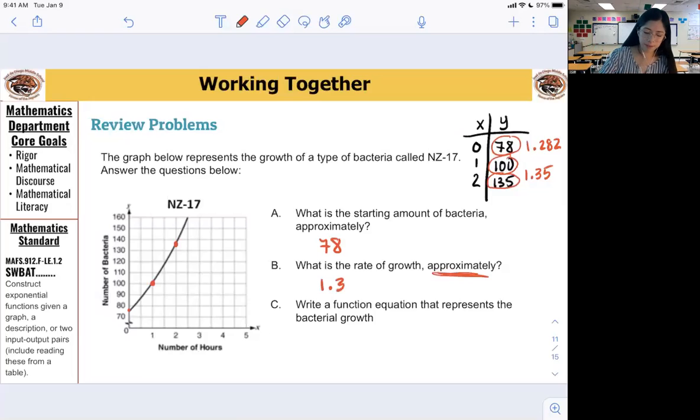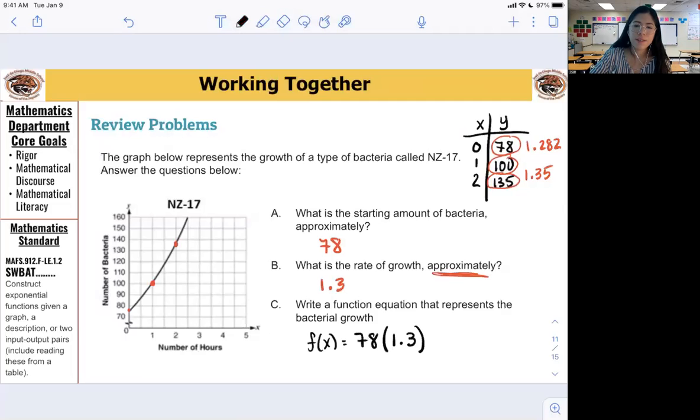And so finally, we have all of our information. Who can tell me what the function equation is going to be? $78 times 1.3.